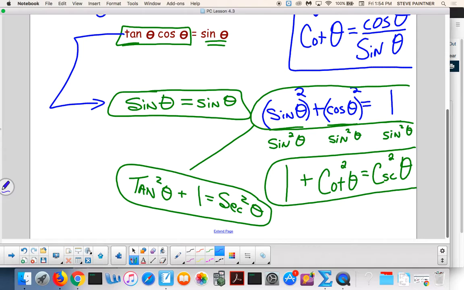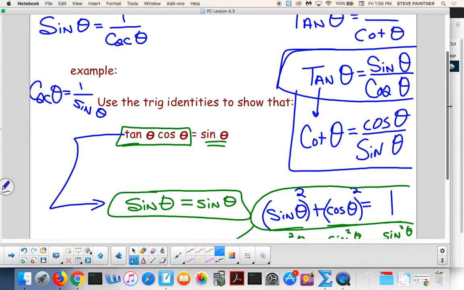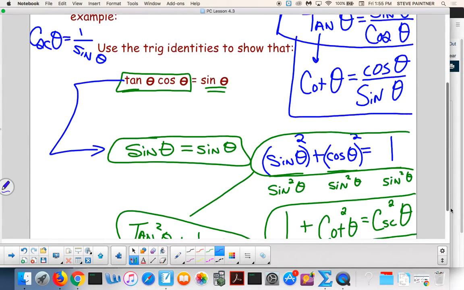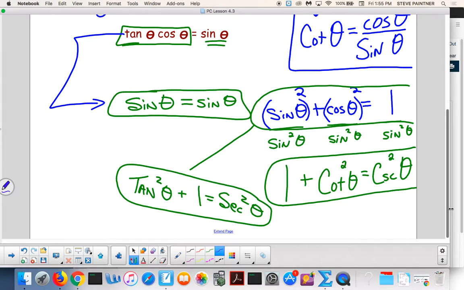Your teacher last year probably said, when stuck, try to get everything in sine and cosine. If you want sine and cosine, get rid of that tangent. Tangent is really just what? Emma, I'm sorry, I kind of ruined it for you, but tell me what to do. Sine of theta over cosine of theta.